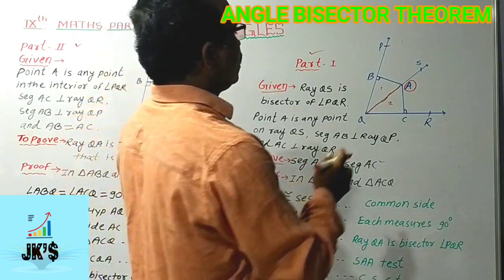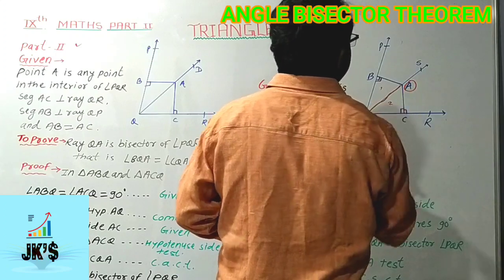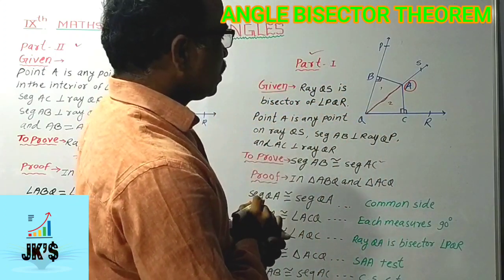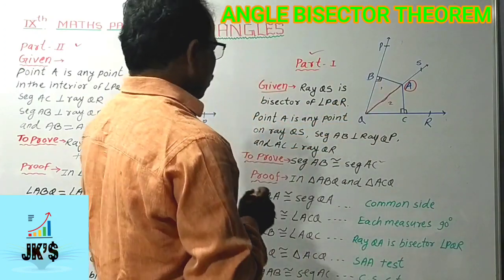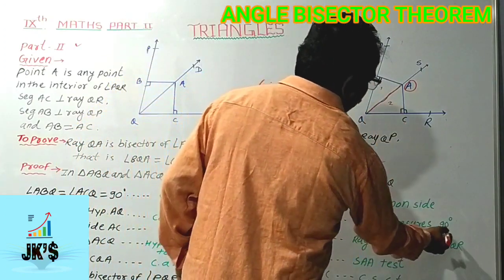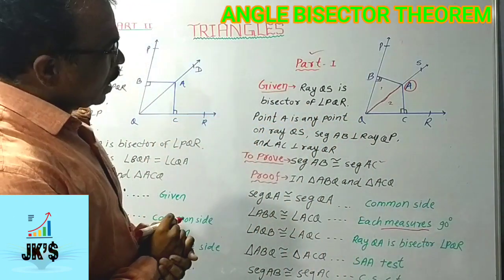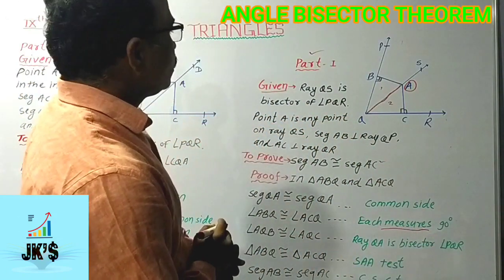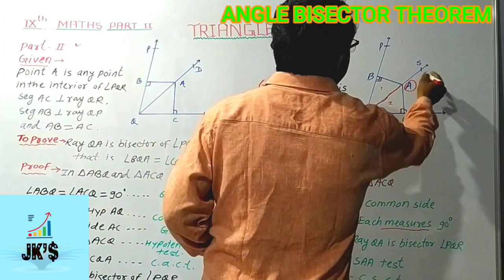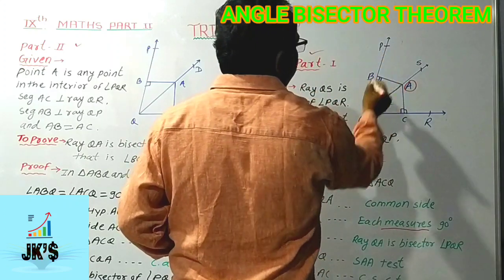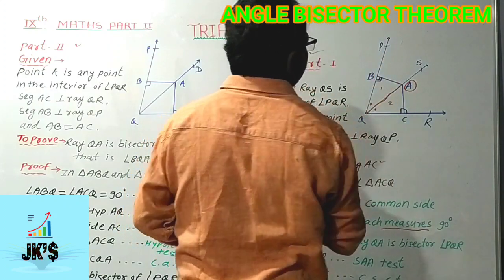Then angle B and angle C are each 90, which means they are congruent. Angle ABQ is congruent to angle ACQ, each of 90. And QS or QA is a bisector of angle PQR, which means this one angle is congruent to this one.